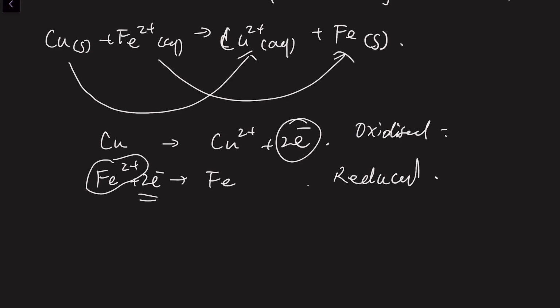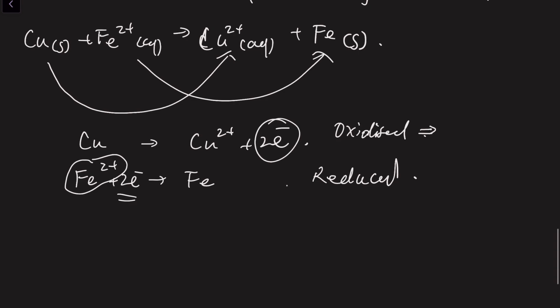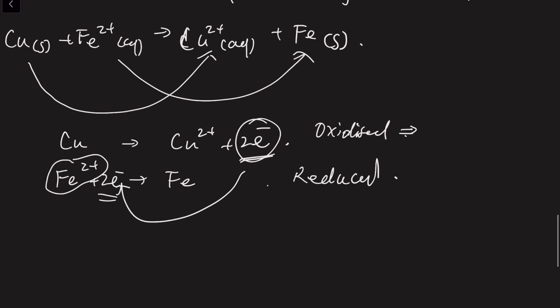Because copper is getting oxidized, it must cause other things to be reduced. So this electron released must have a destination to go to. I don't care where the destination is, but some species must be accepting these 2 electrons. In this case, it's the Fe2+ ion that is accepting these 2 electrons. So it causes the Fe2+ ion to undergo reduction.